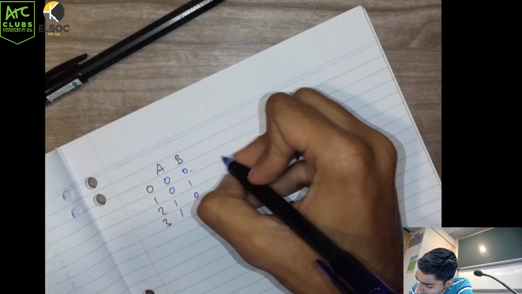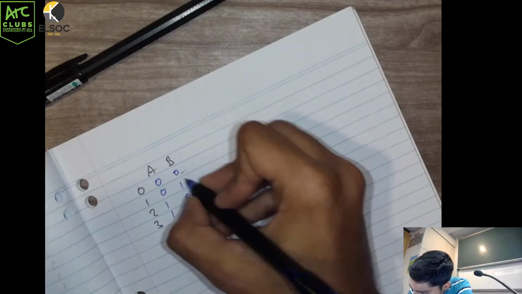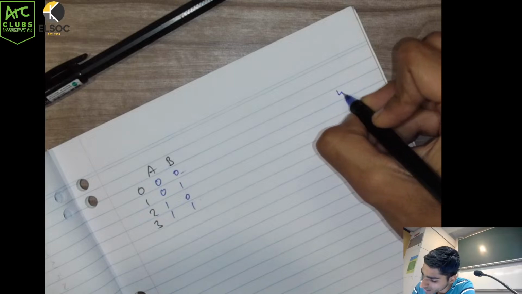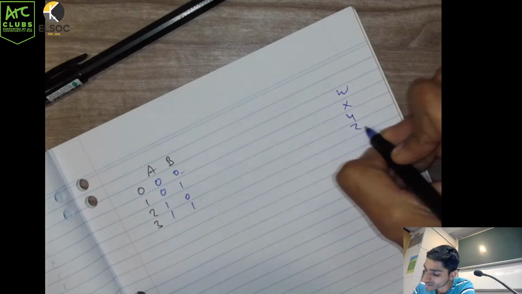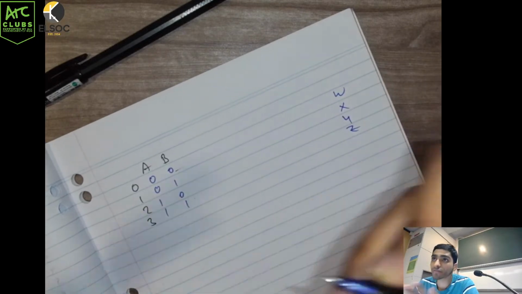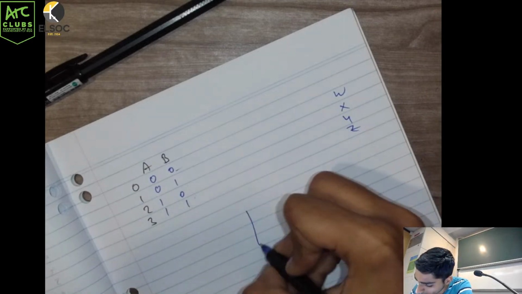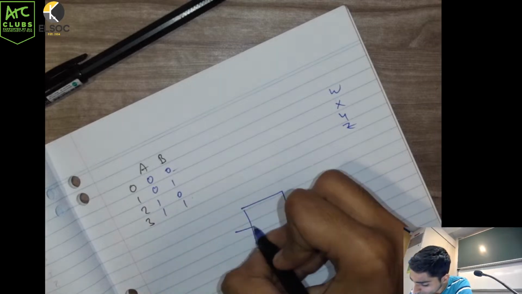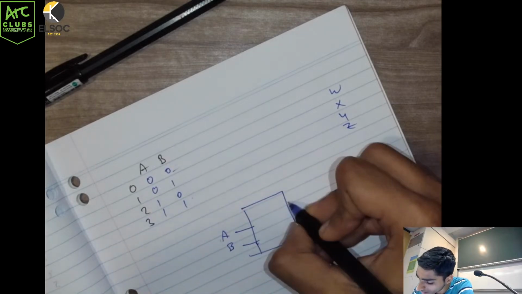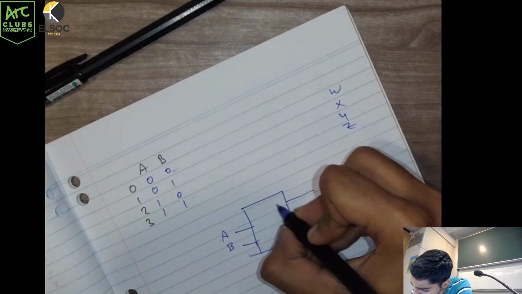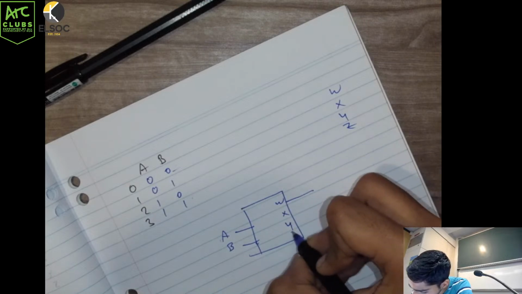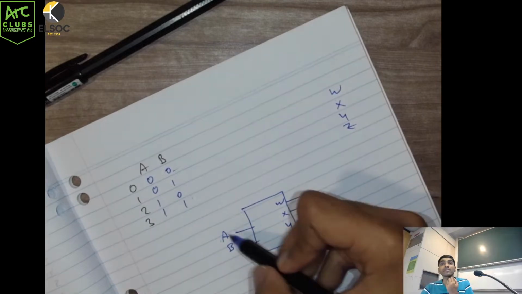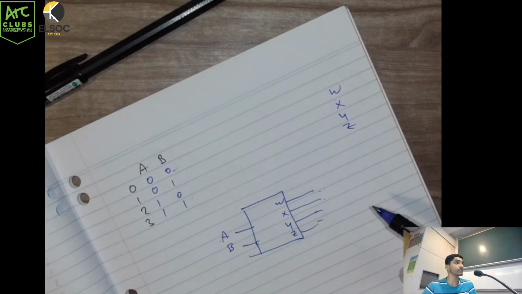Therefore, if it was 0, 0, and then I want light bulbs, W, X, Y, and Z, right? So vaguely, if I drew a random box that has some magic functionality, which takes in my A and B, and then I have my outputs W, X, Y, and Z, I want different sets of A, B to control different individual lights.